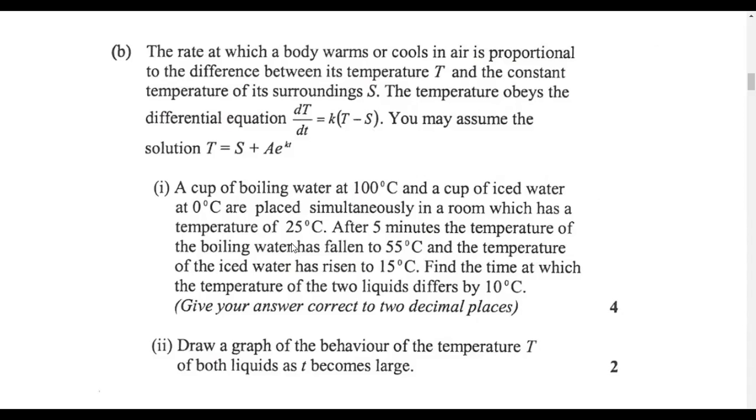So let's write out what we have. We know that dT/dt equals k times (T minus S), where T is the temperature of the object and S is the ambient temperature. So that means you have 2 objects, right?